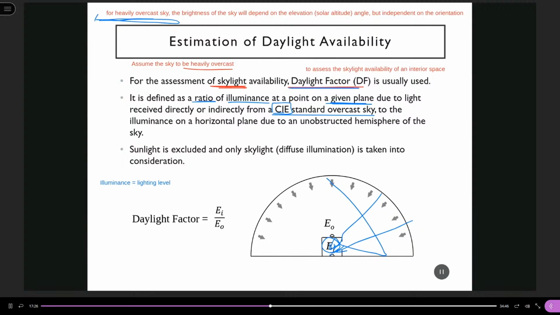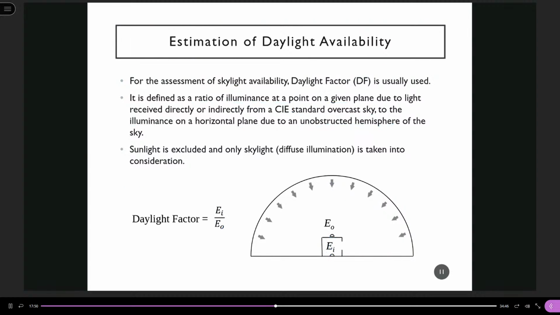And daylight factor is the ratio of EI to the illuminance on a horizontal plane due to an unobstructed hemisphere of the sky, EO. EO is the horizontal illuminance due to the whole sky hemisphere.